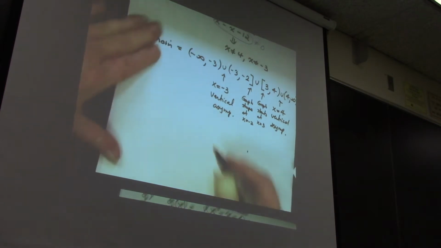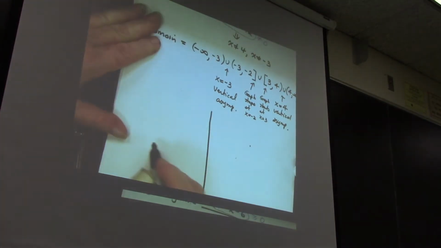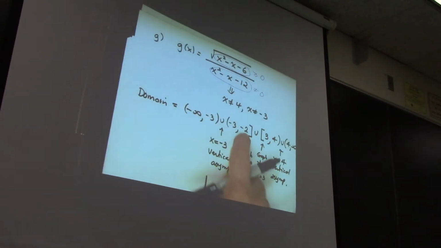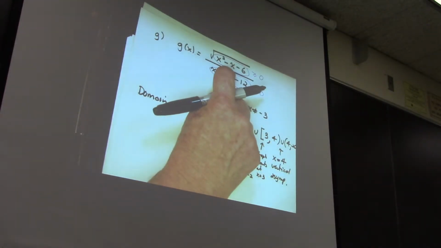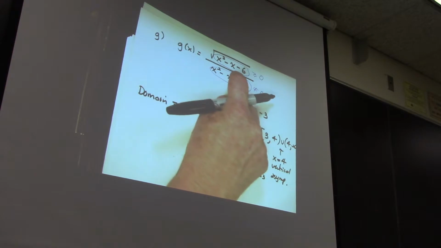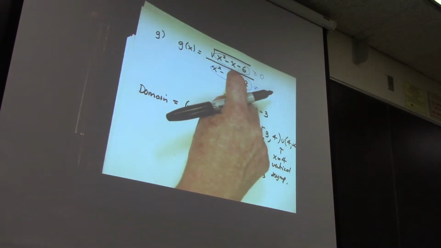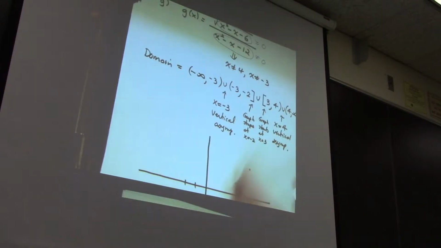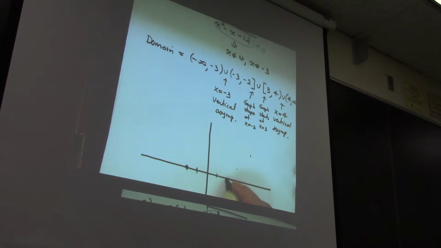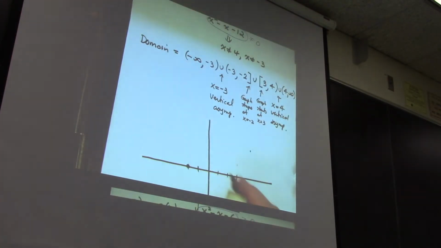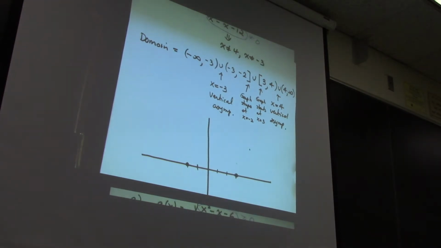And at negative 2, that's one of the numbers that makes you get 0 under the square root. You have the square root of 0, which is 0, so you're going to have 0 there. And similarly at 3, you have a 0 under the square root, so we have 0 there.